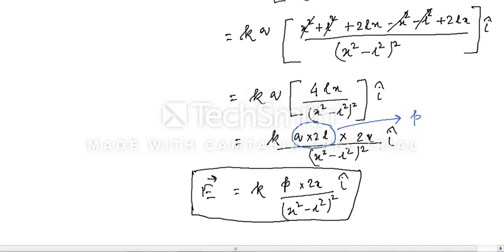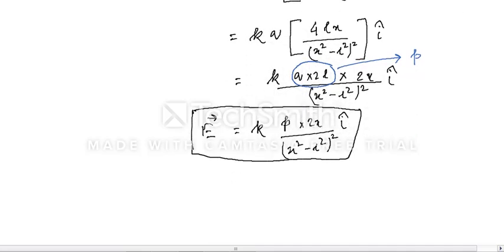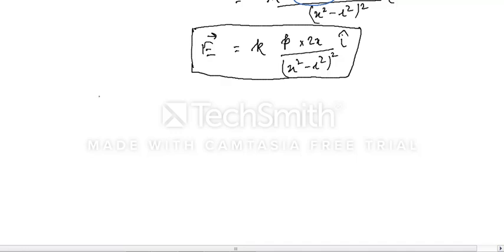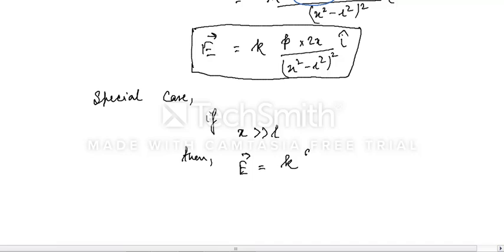I hope the expression is clear to everyone. Now if there is a special case, if x is very much greater than L, then electric field E equals k into P into 2x divided by x to the power 4, i cap.